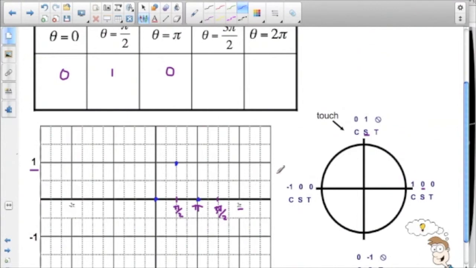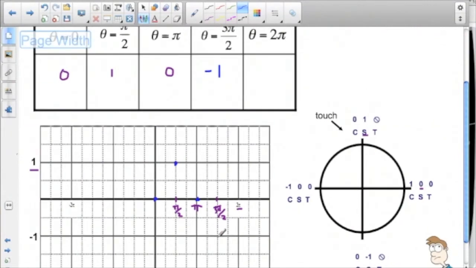Now 3 pi over 2 is down here, so that's negative 1. Now I go down to here, negative 1. And the last one, 2 pi, back to here, is back to 0. And so if you sketch it, it looks like a wave like that.